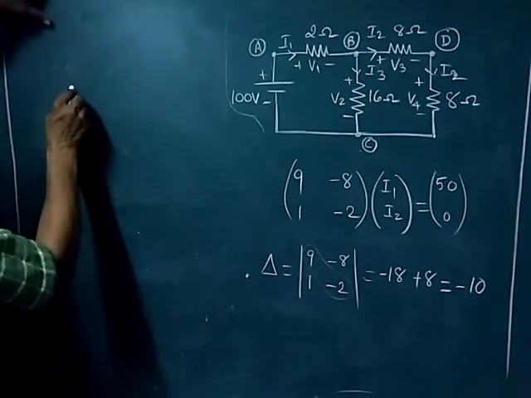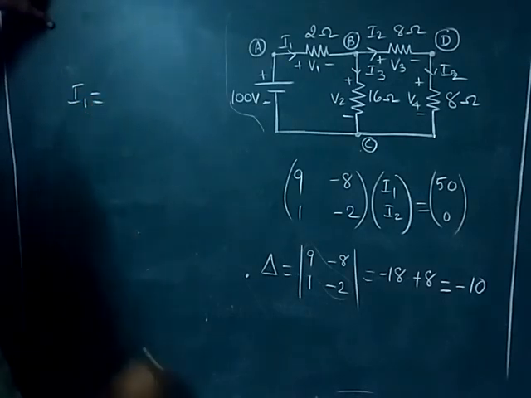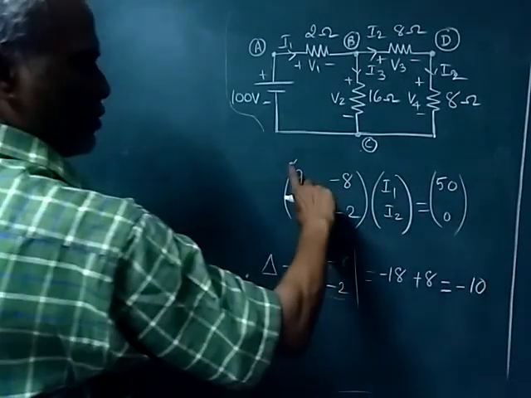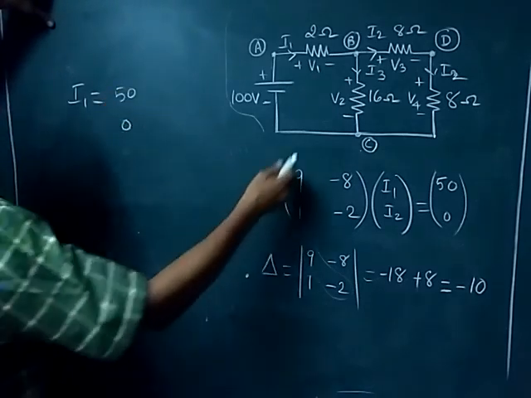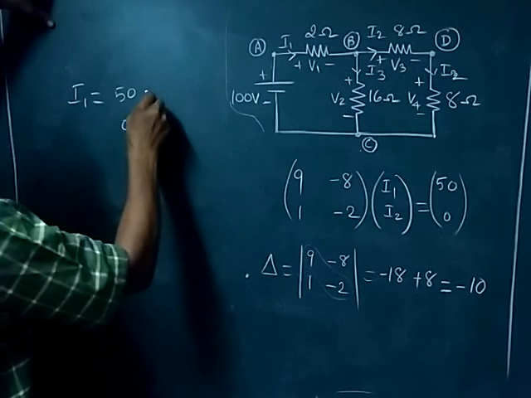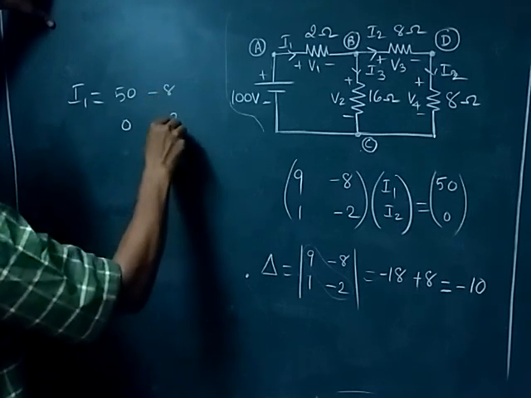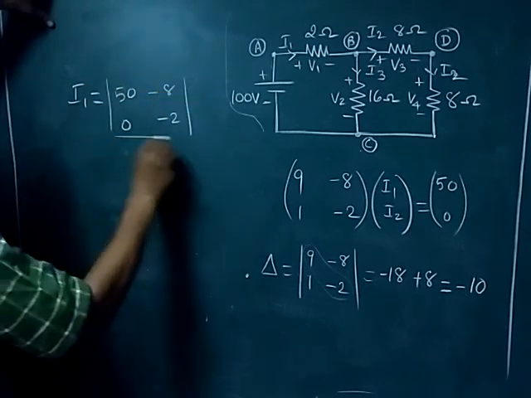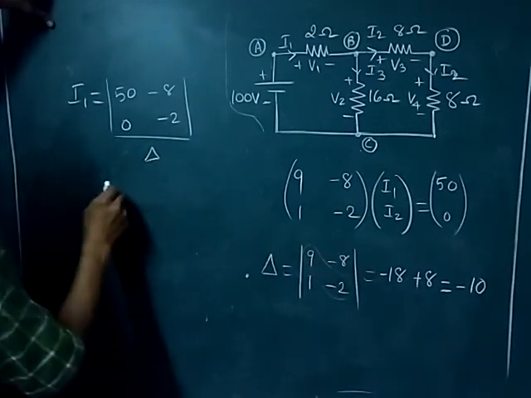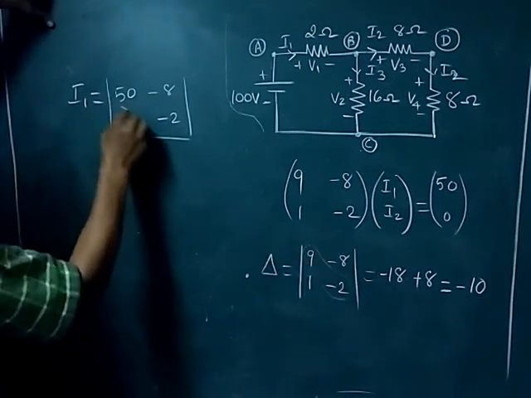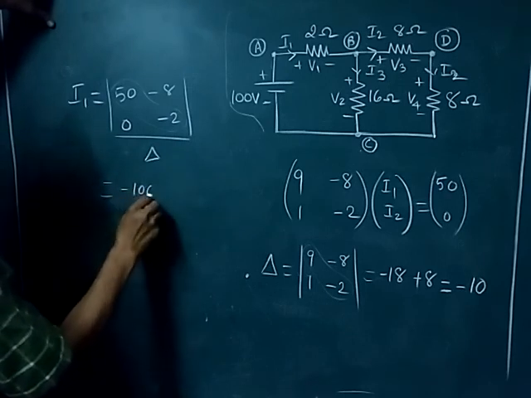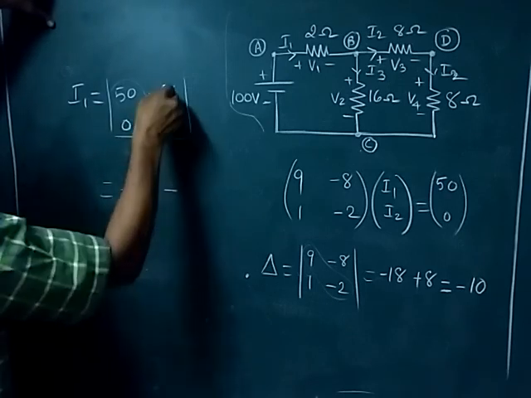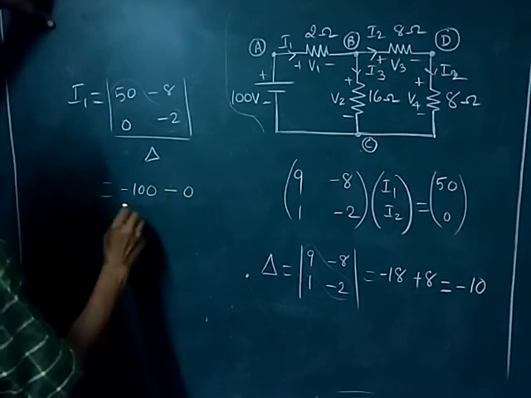So for finding I1, what you have to do is, 50 and 0 you have to fix in the first column. That is 50, 0 will come here in the first column. The remaining things will be written as it is, minus 8 minus 2, divided by the del value. So 50 into 2, first you have to multiply these two. So 50 into 2 is 100, minus 8 into 0 is 0, divided by del.